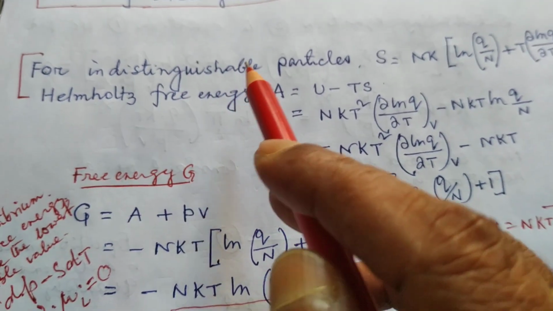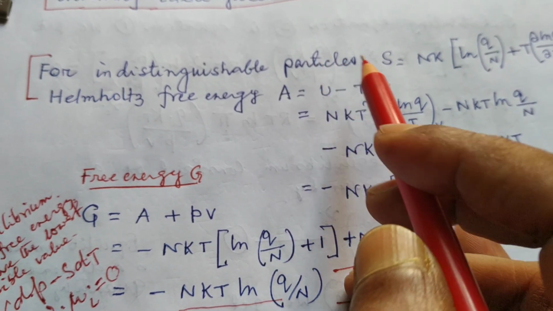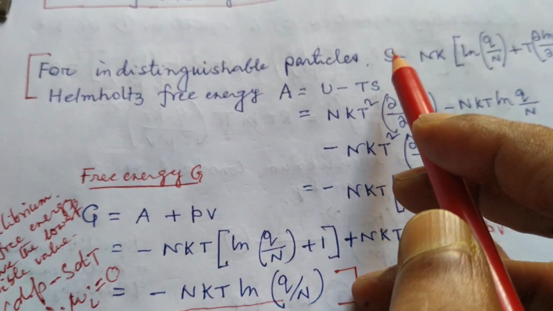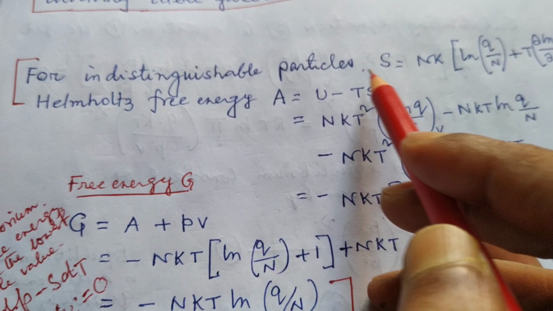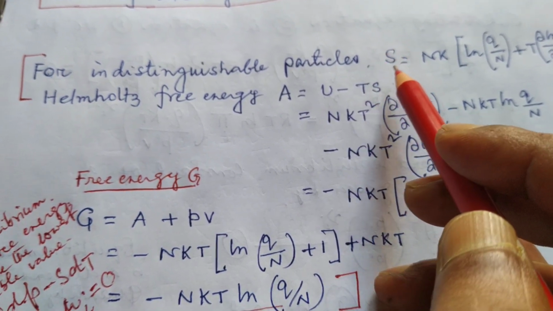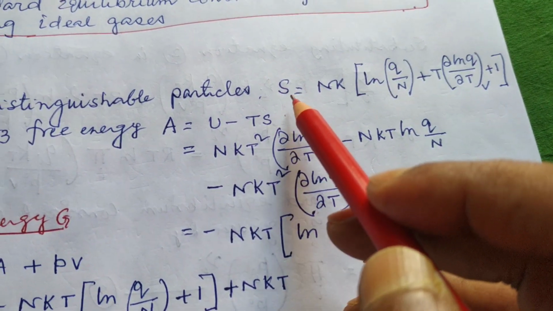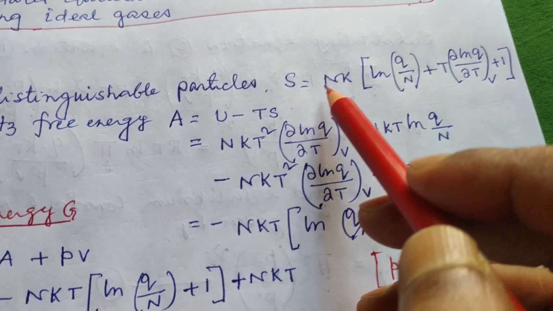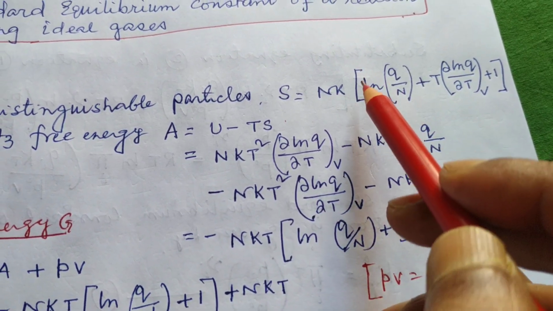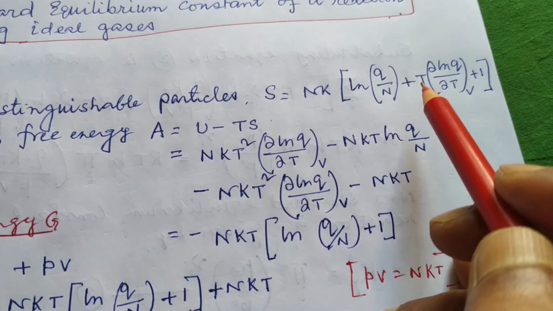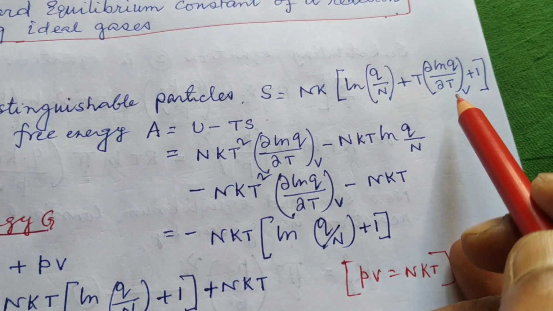So first we will write the expression for the entropy for indistinguishable particles in terms of the partition function. This entropy S equals Nk [ln(q/N) plus T (del ln q/del T) at constant V plus 1].